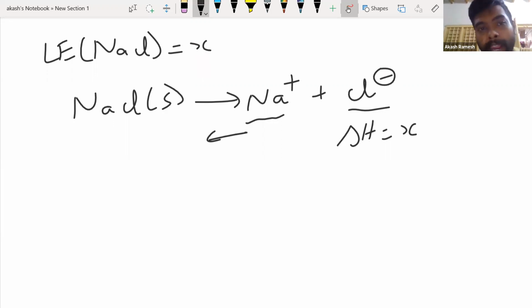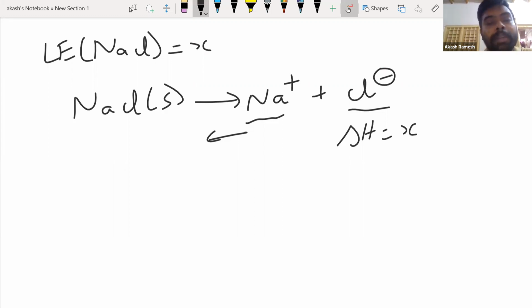So lattice enthalpy can be regarded in two ways: how much energy is required to break the lattice, or how much energy is released when the lattice is formed. In both cases, the magnitude of energy is the same.